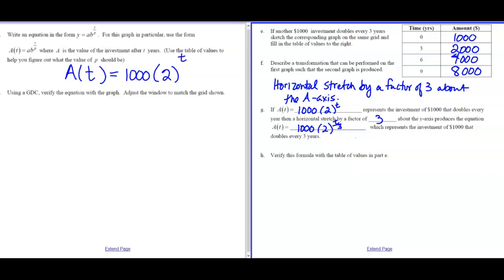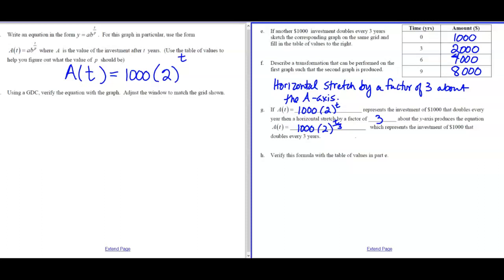Often in exponentials, when we're doing this, I show it as t over 3, doubles every 3 years.